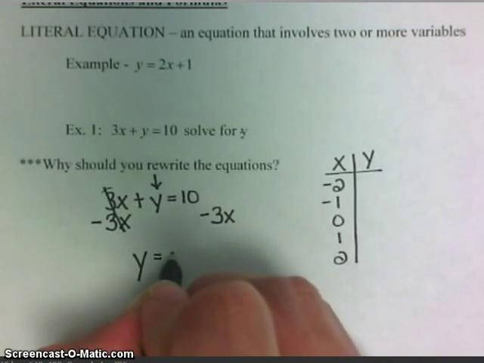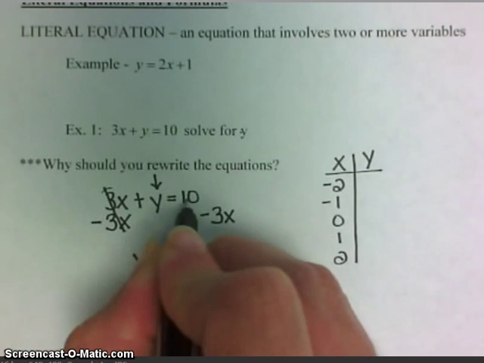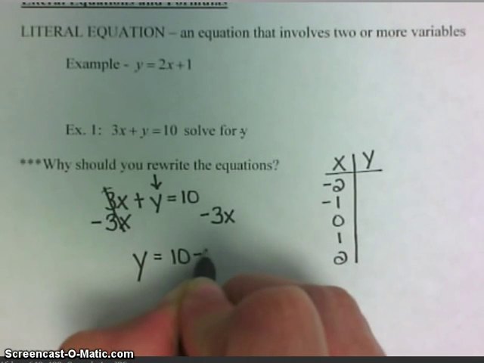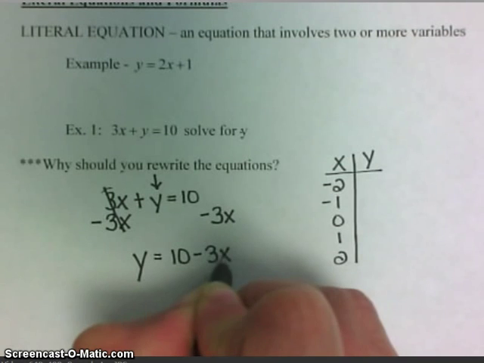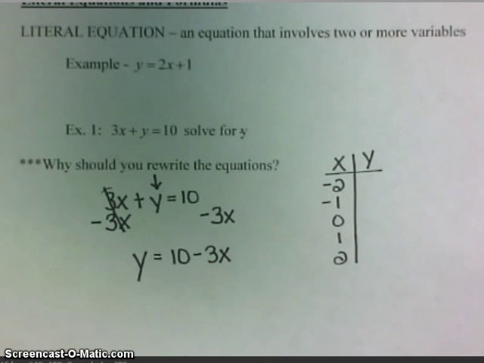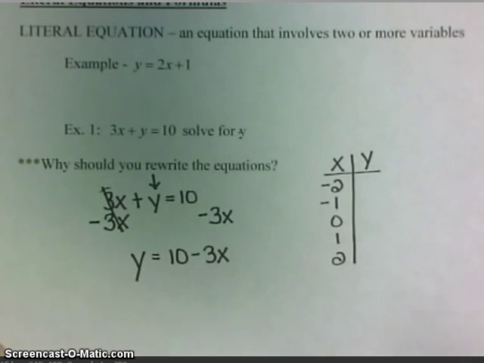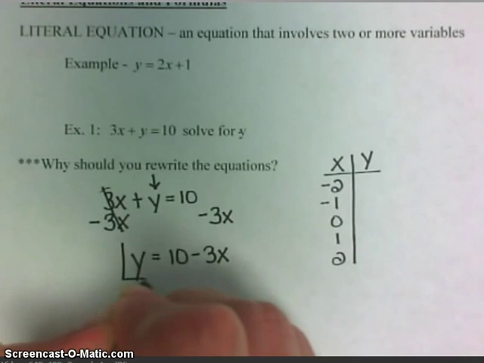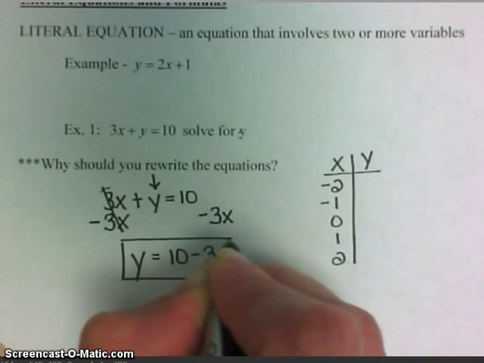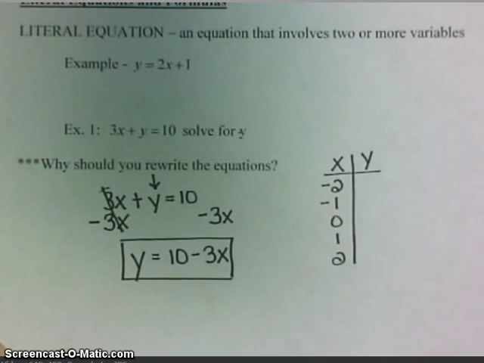So I just simply have 10 minus 3x. This is my literal equation, so I literally write it exactly how I see it. I can't combine those because they're not like terms, so I just write it as a subtraction problem. And that's it. This is my answer to that literal equation. I isolated y.